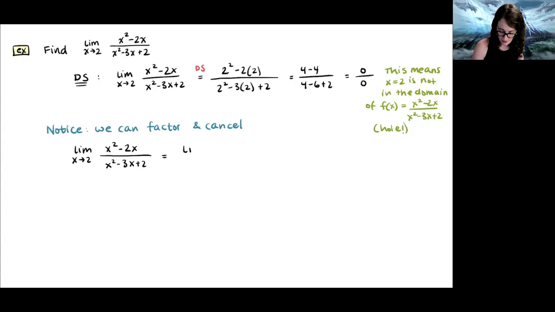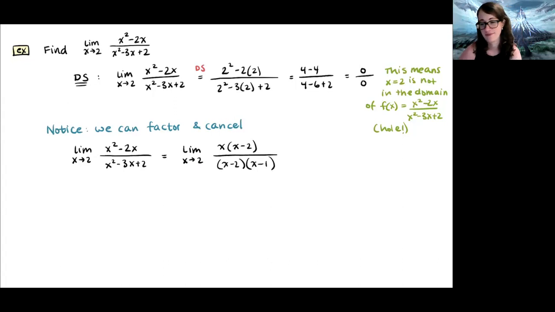So this is going to be equal to the limit as x approaches 2, and then we're just going to factor the top. So we'll have x times x minus 2. In the bottom, we have a quadratic. So there's a 1 in front of the x squared. So we're going to look for two numbers that will multiply to positive 2 and add up to negative 3. I think that's x minus 2 and x minus 1.